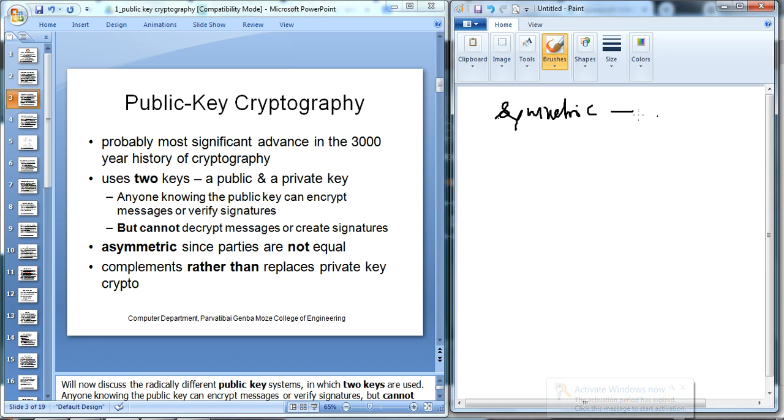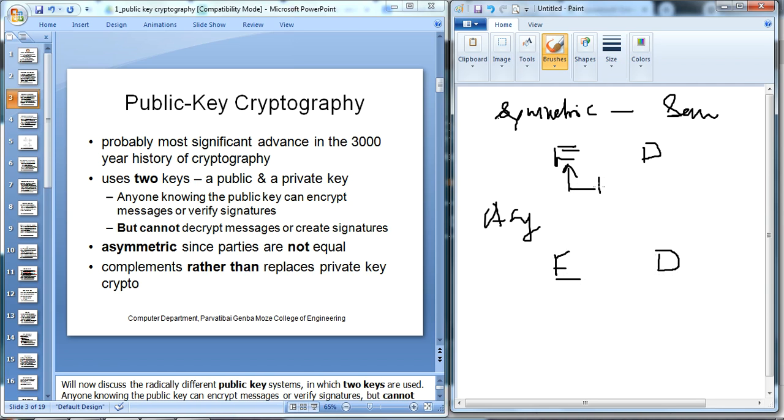key cryptography, which uses the same key for encryption and decryption. But under the asymmetric, it uses a different key for encryption and for decryption. Like under the symmetric, it uses the key K for encryption, and for decryption it uses the same key.